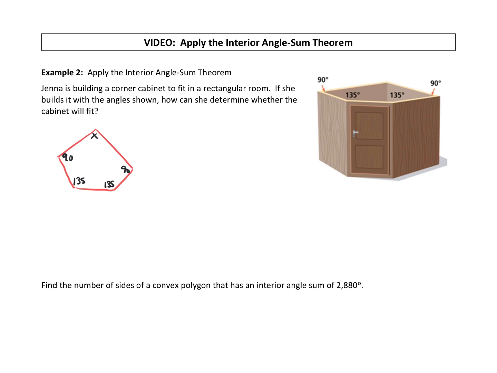So in order for this to fit into the rectangular room, that means that this angle must be 90 degrees to fit in the corner. So the question is, is X equal to 90? That's what we don't know. So how can we figure this out?